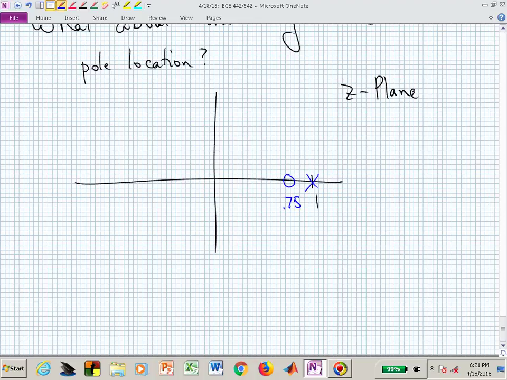But let's say that the actual true pole of the system is at z equal to 0.7. What's the behavior now?